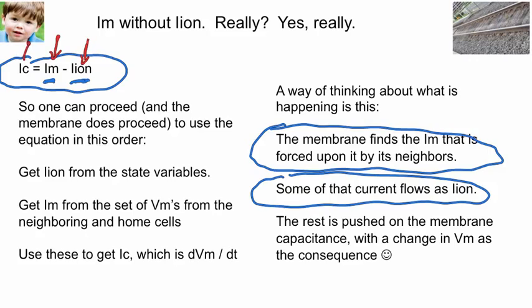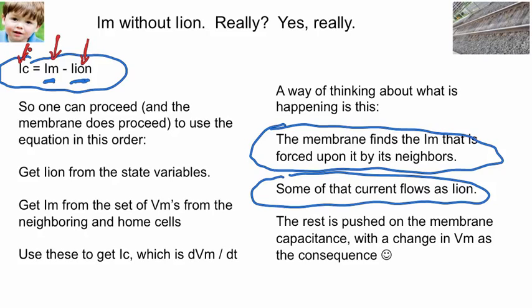So the capacitive current is that residual. And as a result, the passengers on the train become richer or poorer as a result of that robbery. And in the case of the membrane, the charge on the capacitance becomes greater or becomes less as a result of that difference.